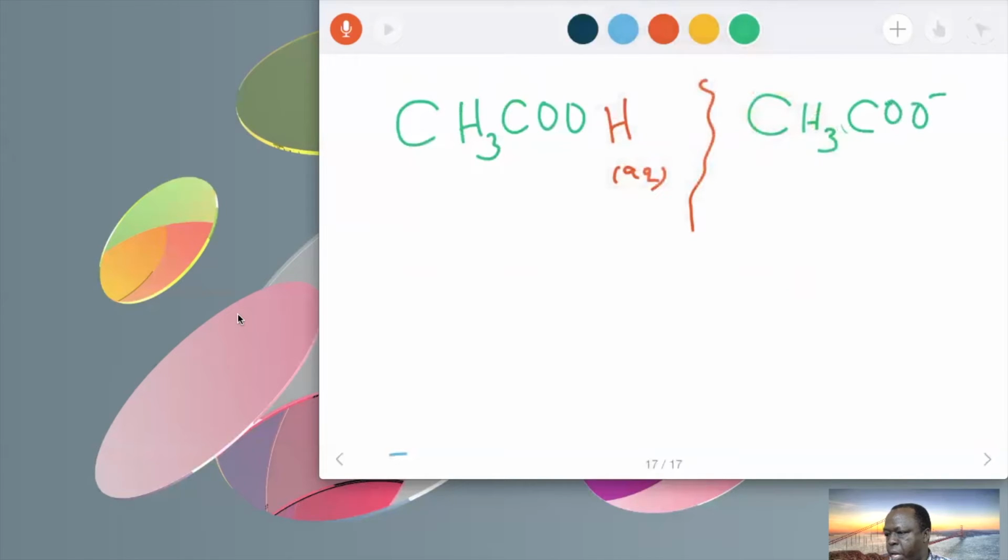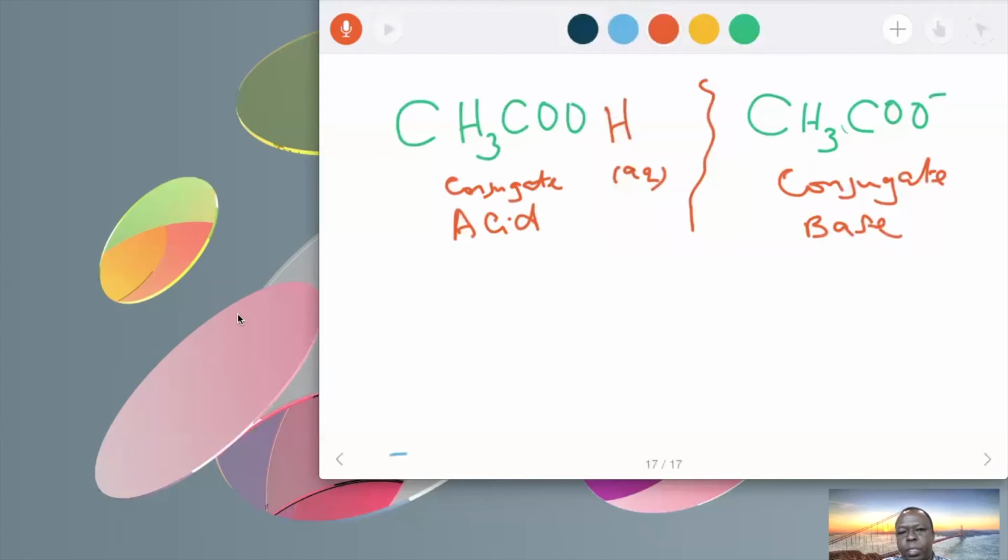What I've done here is I've generated the conjugate base. This is the acid, and this is the conjugate base. Conjugate acid base pair.